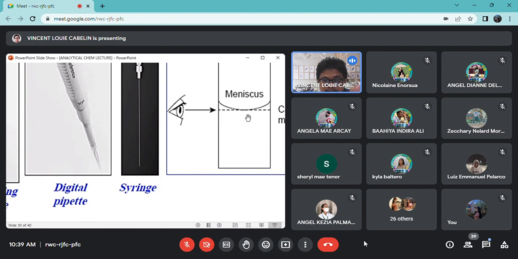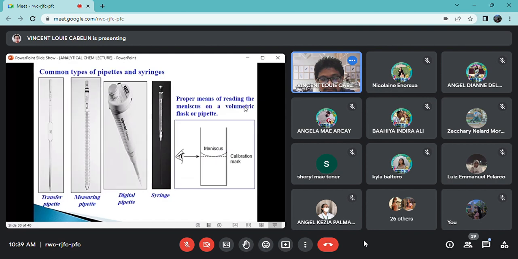The lower meniscus is the bottom of the line. That's why it's more accurate to measure it using the lower meniscus. Okay? Question?